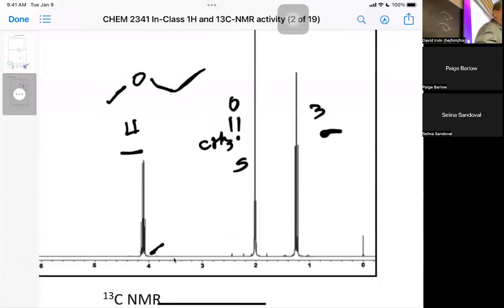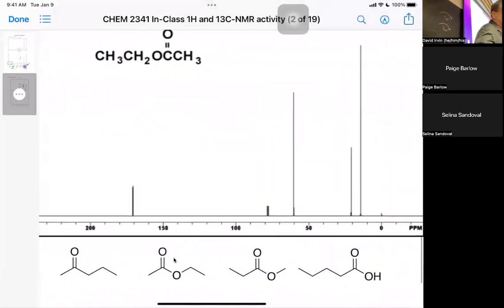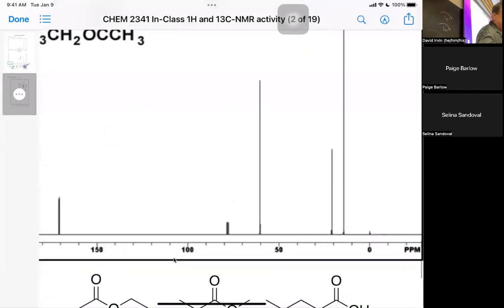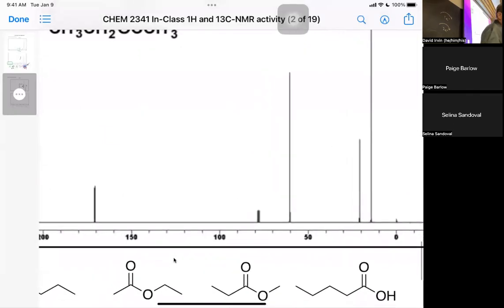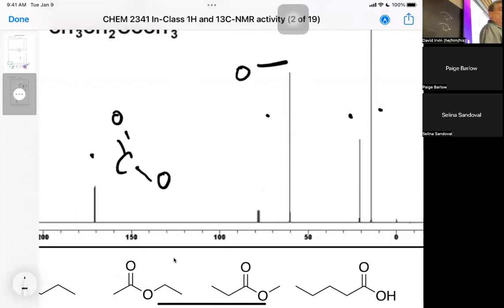Okay. So now let's look at the carbon NMR. Right here we have 1, 2, 3, 4 signals. We have something with a carbonyl with an oxygen or an electronegative atom, something next to an oxygen, and then something next to a carbonyl, and then something far away.